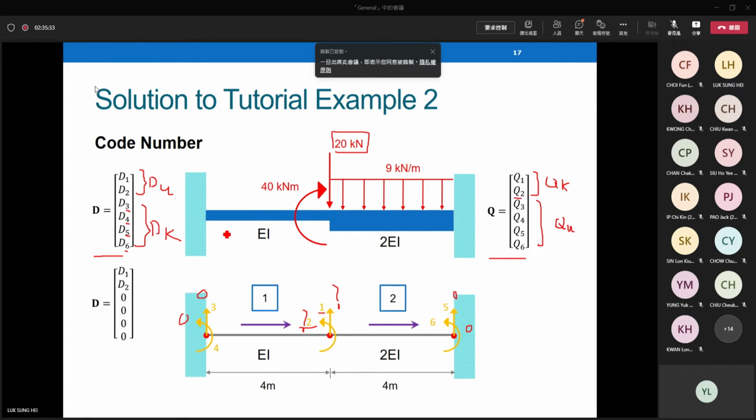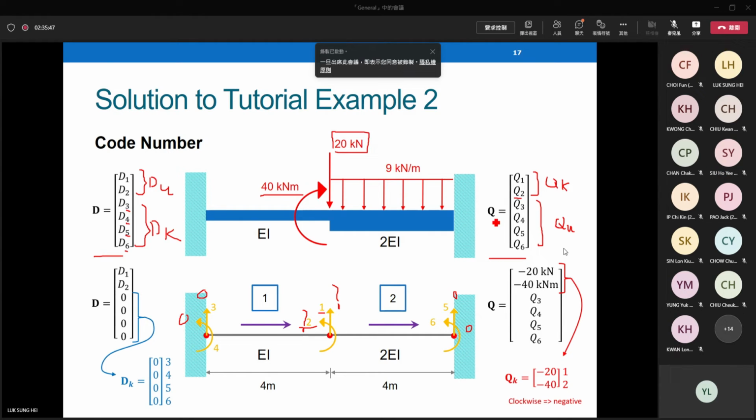Yes. We have an applied moment this time at the middle. The magnitude is 40, but the direction is clockwise. Clockwise means negative. So here you can see that Q1 is minus 20, Q2 is minus 40, and Q3, Q4, Q5, Q6 are unknown reactions.